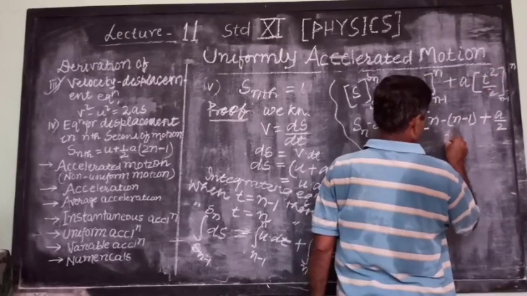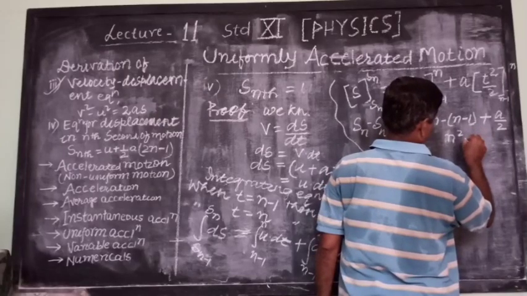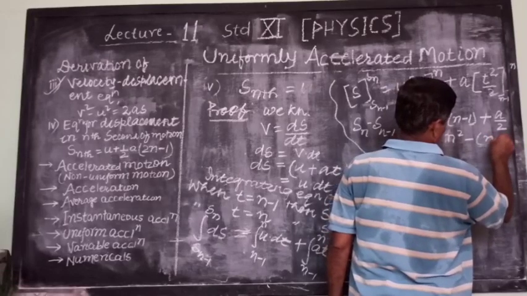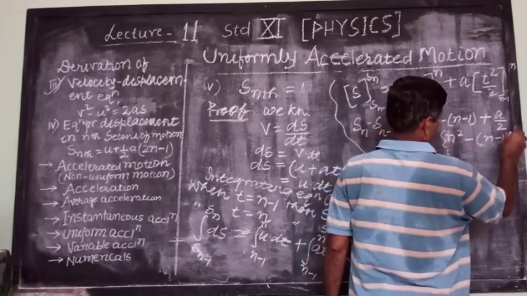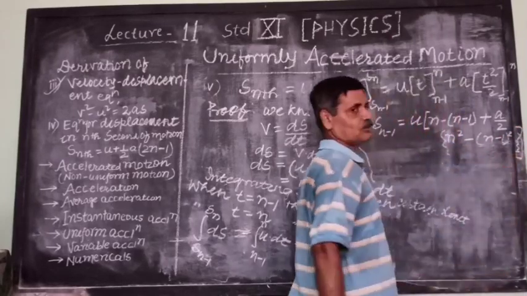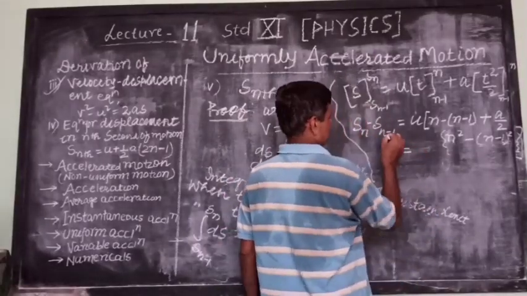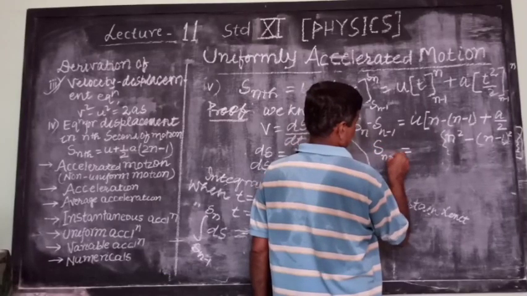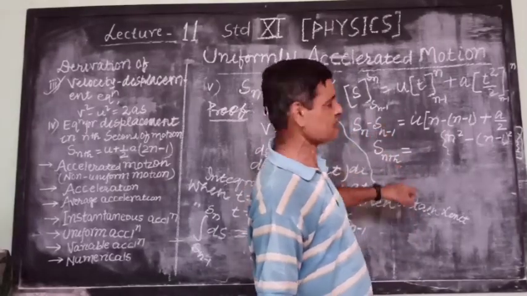We can write n square minus n minus 1 whole square. This bracket closed. It is your s nth distance covered in nth second, that was equal to Sn minus 1.